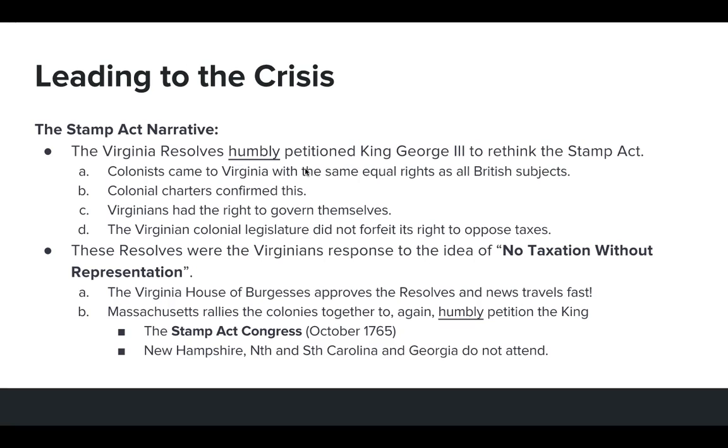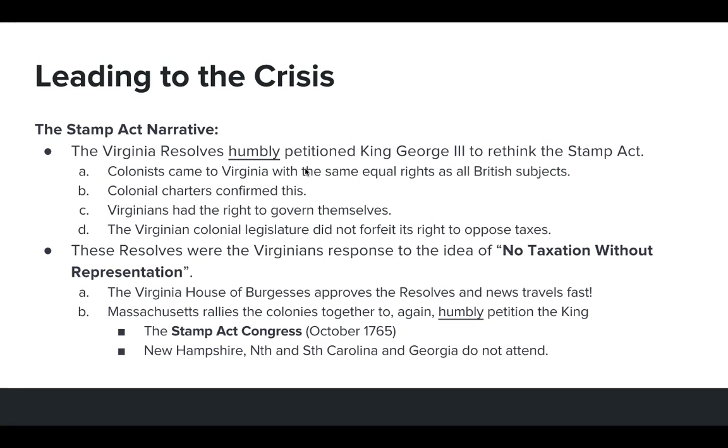Now, these 4 statements were written up as the Virginia Resolves, and they were sent to King George III humbly. Okay, I'll back up. They weren't sent to King George III. They were approved by the House of Burgesses first. Before even making it to King George III, the Resolves actually made it to the other colonies.